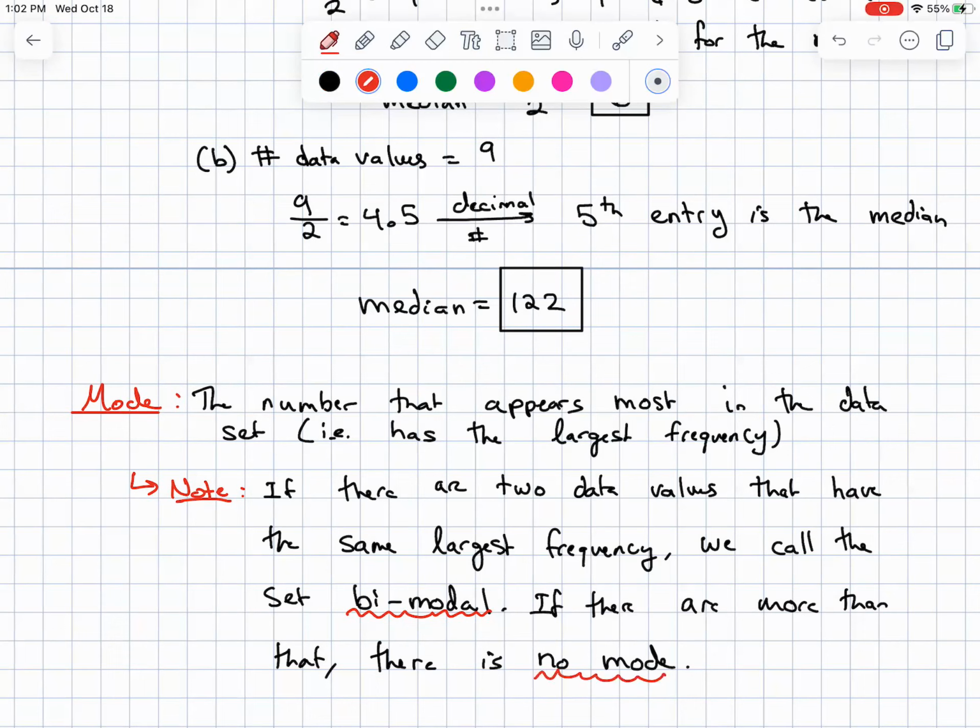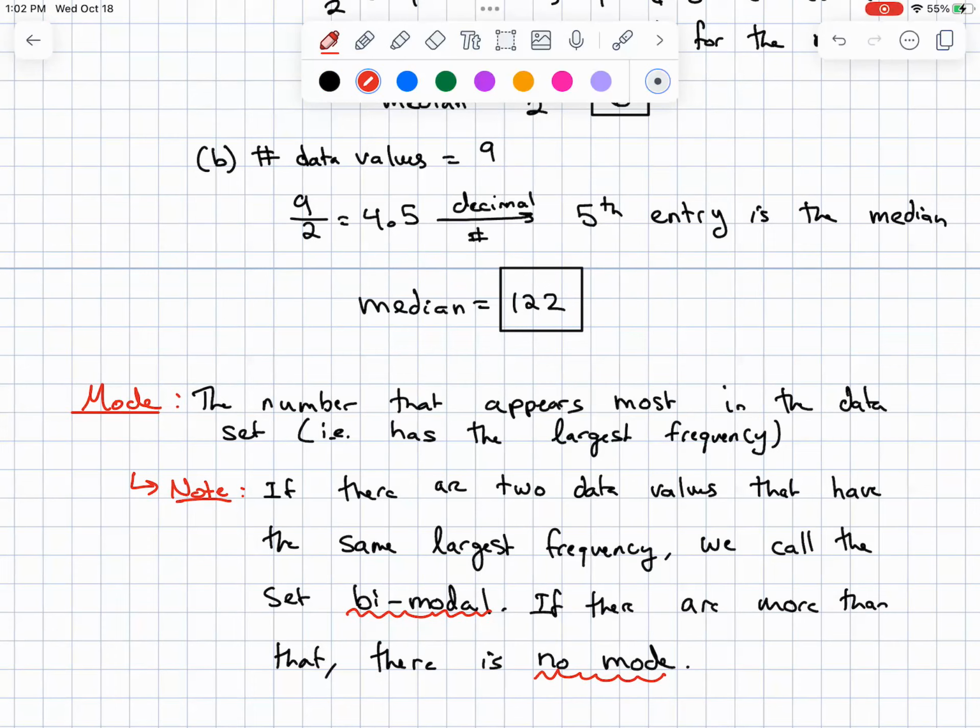If there is no repeats, then the largest frequency is 1, and every data value has the same largest frequency. And so there's no mode because every number has the same frequency.